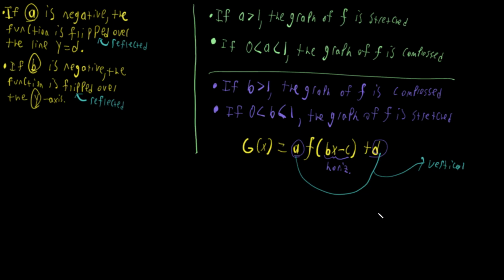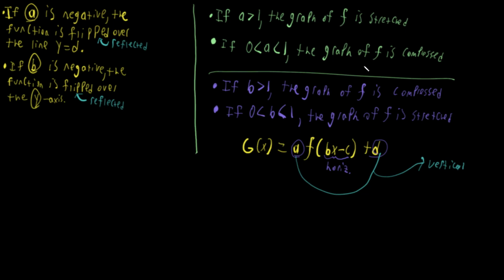D handles vertical shifts. A handles vertical stretches. B handles horizontal stretches and compressions. C handles horizontal shifts, because it's on the inside. C and D handle your shifts, your translations. A and B handle your reflections. That's just based on what the sign is, and they're also going to handle your stretches and compressions.